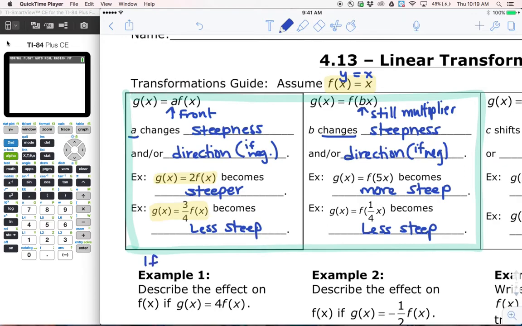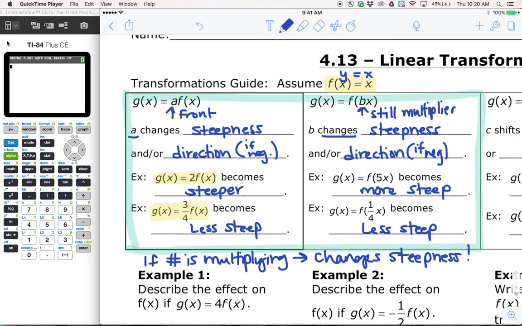If the number is multiplying, it changes steepness. It's either going to make it more steep or less steep. If that number in the front is negative, it changes the direction of the line.